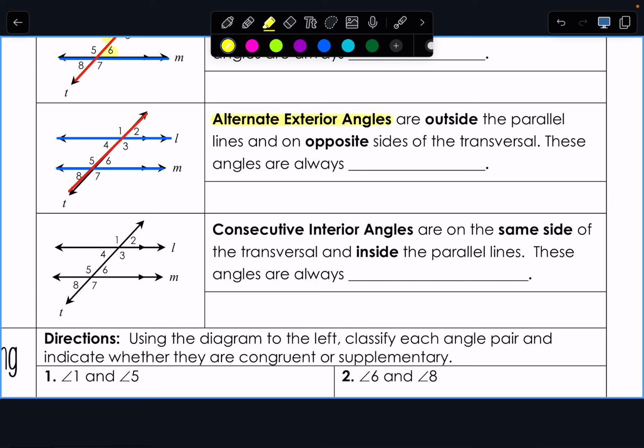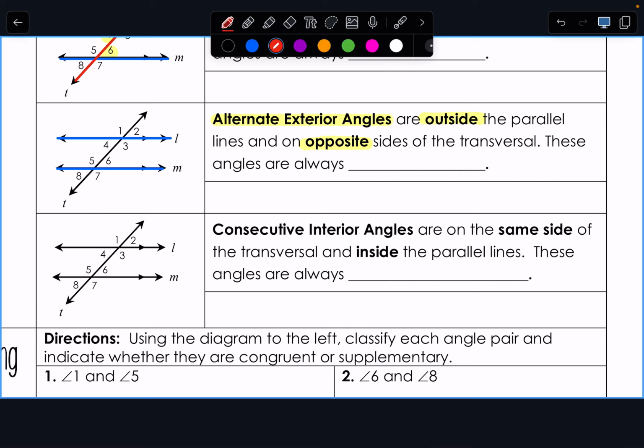Alternate exterior angles. Okay. So we have the same word with alternate. Means we're going to be on the other side. Okay. But exterior is a fancy word for outside. Exterior means outside. Okay.